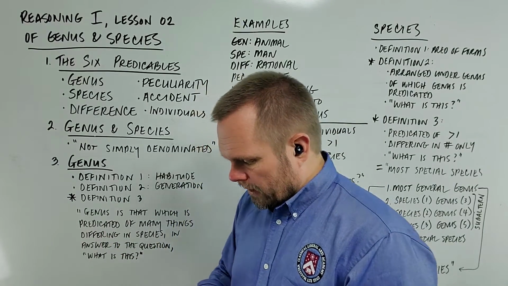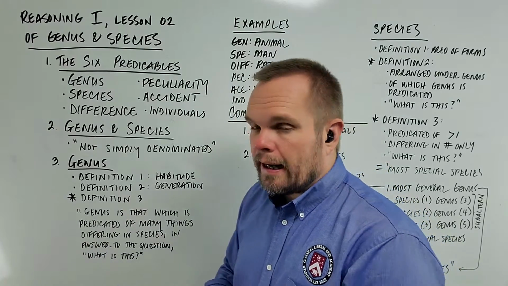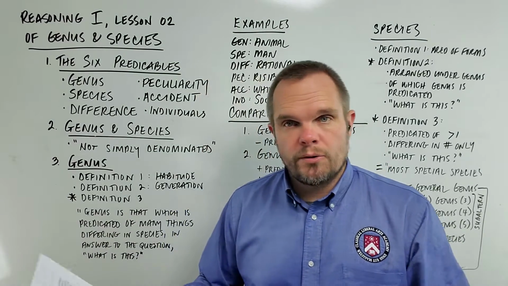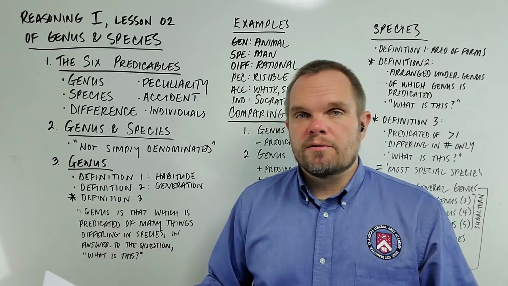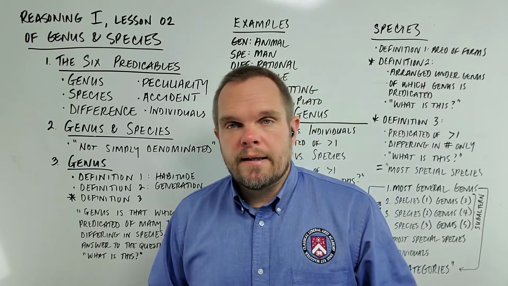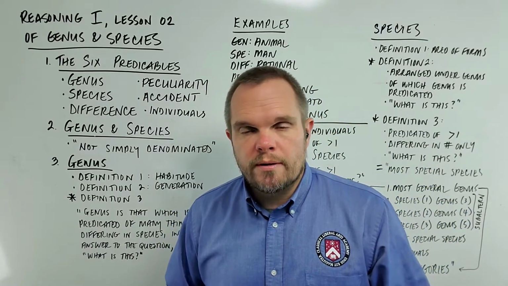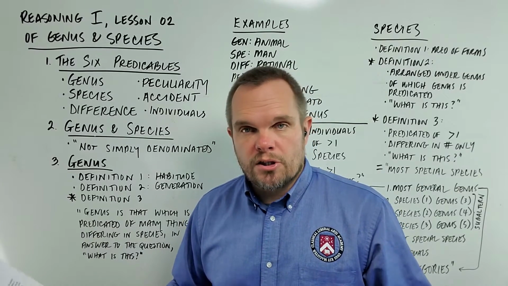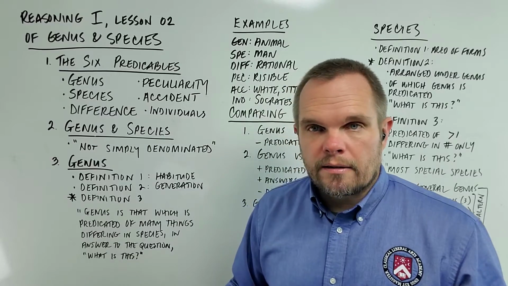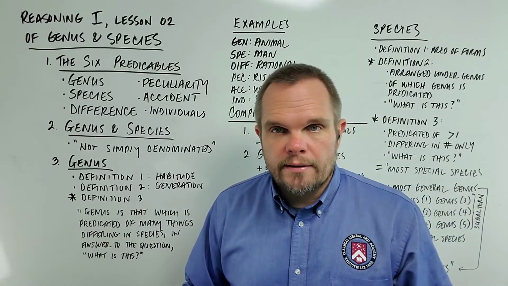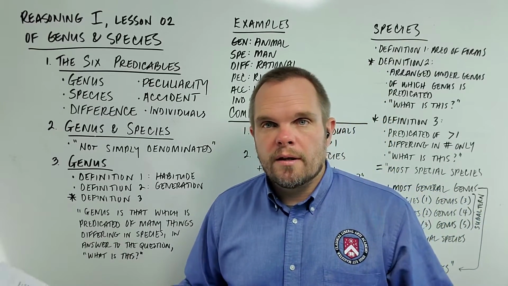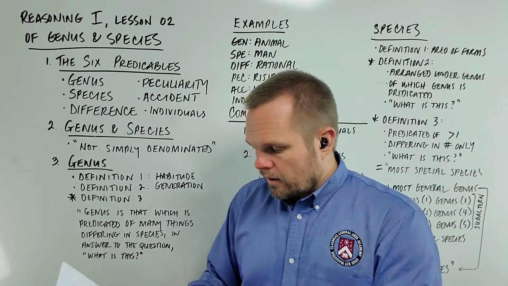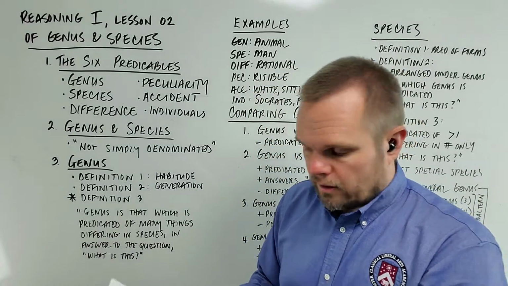For example, the genus of the Heraclidae, and I know you don't know what that means, but it's very simple. Heraclidae simply means the children of Heracles. That's what Heraclidae means, okay? The children of Heracles. Just like the Israelites means the children of Israel, okay? Heraclidae, the children of Heracles.